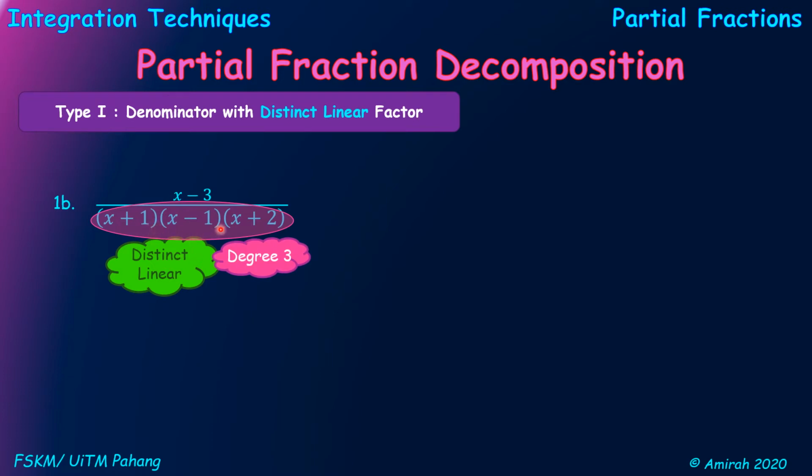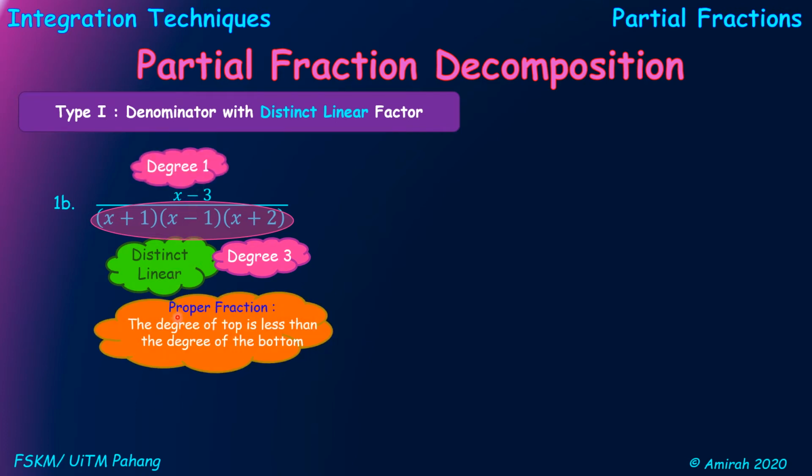And if we expand, the denominator has degree 3, and numerator has degree 1. So this is proper fraction, so we can express into the sum of partial fraction. This is called proper fraction because the degree of the top is less than the degree of the bottom.